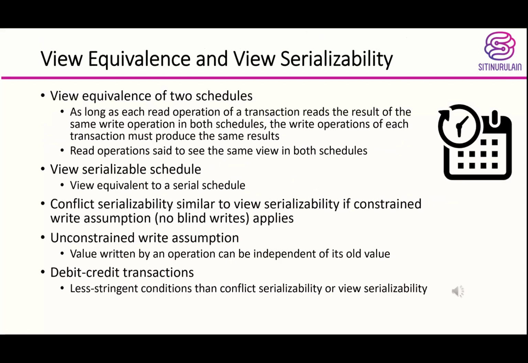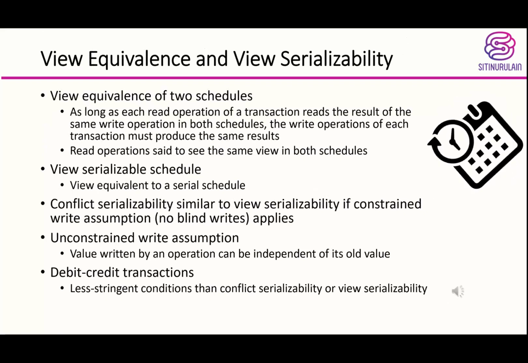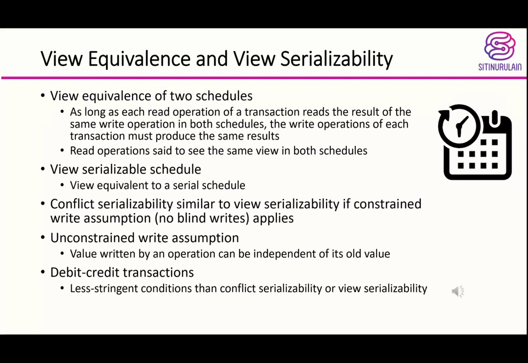View equivalence and view serializability. View equivalence of two schedules: as long as each read operation of a transaction reads the result of the same write operation in both schedules, the write operations of each transaction must produce the same results. Read operations are said to see the same view in both schedules. A view serializable schedule is view equivalent to a serial schedule.